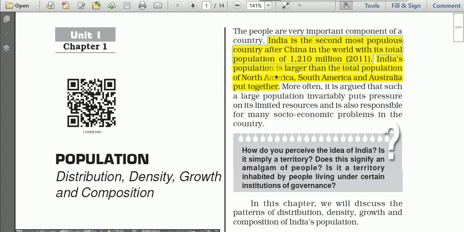And India's population is larger than the total population of the North American continent, South American continent and Australian continent put together.